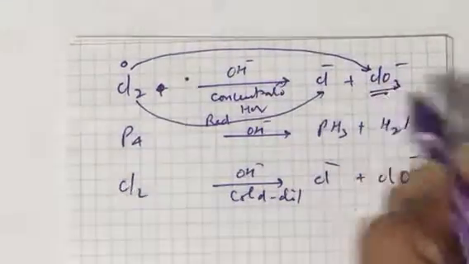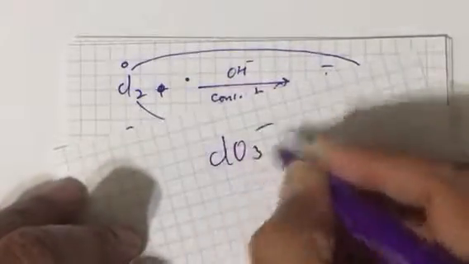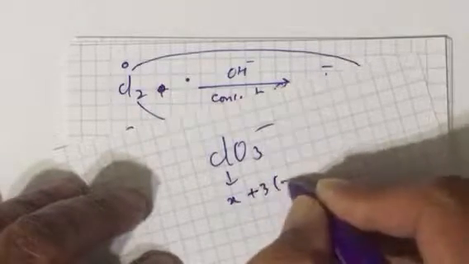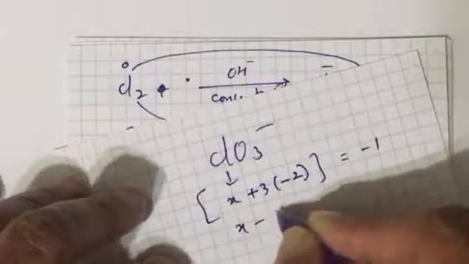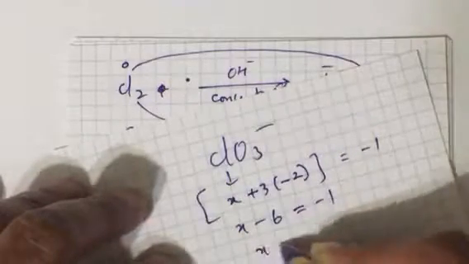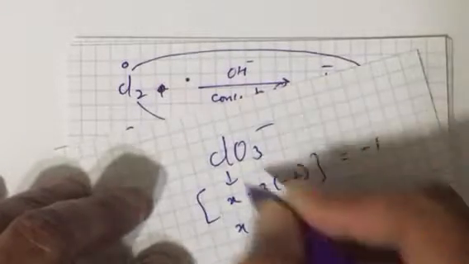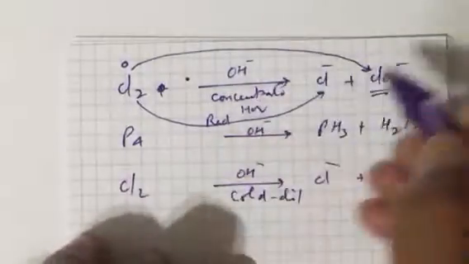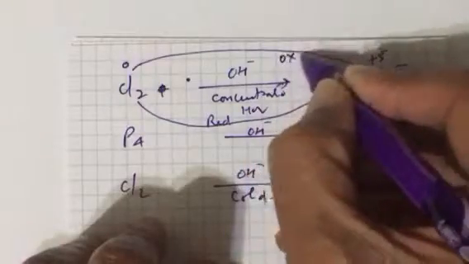In ClO3 minus, if you say the oxidation state of Cl is X, 3 oxygens each minus 2, overall charge is minus 1, X minus 6 is equal to minus 1, X is equal to minus 1 plus 6, X is equal to plus 5. The oxidation state of Cl in ClO3 minus is plus 5. It means Cl0 became Cl plus 5. It lost 5 electrons, oxidation.